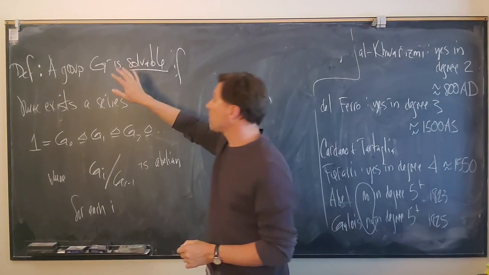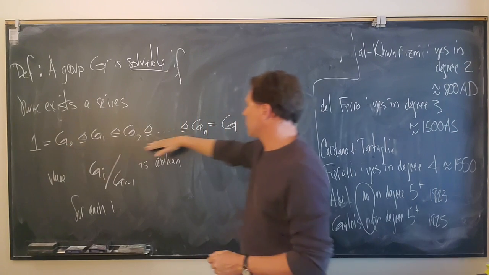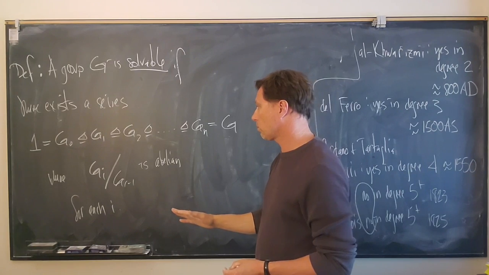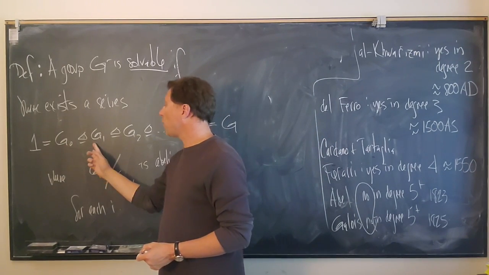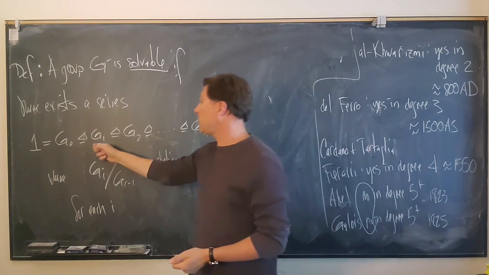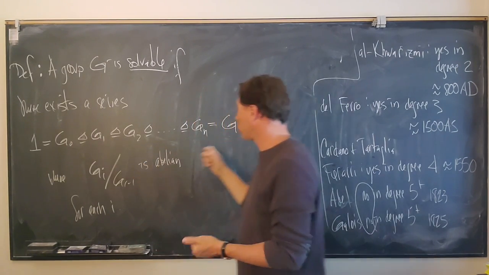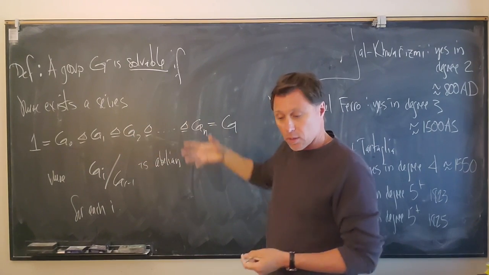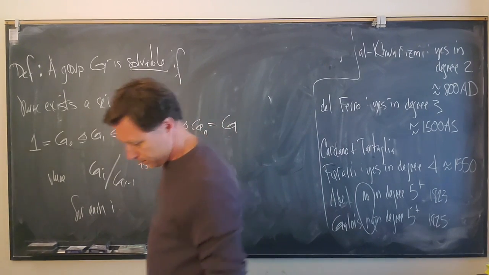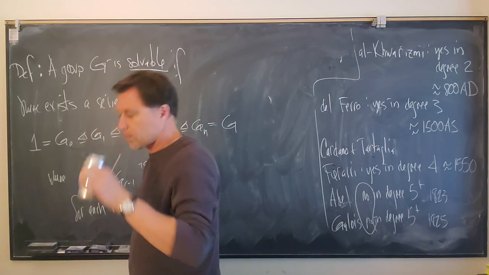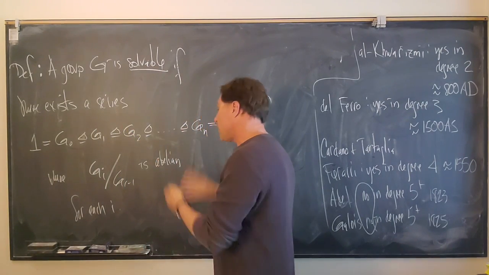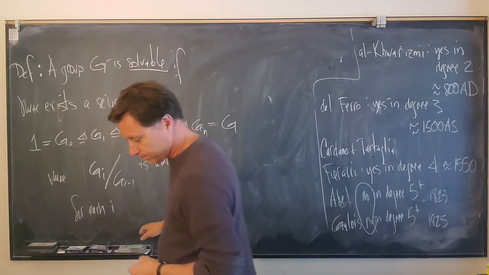So a group is solvable if there's this series of subgroups where each one is normal in the bigger one. Now, we're not claiming that the little Gi's are normal in G. They're only normal in the next successive one. So when such a series exists, then we say that the group is solvable.